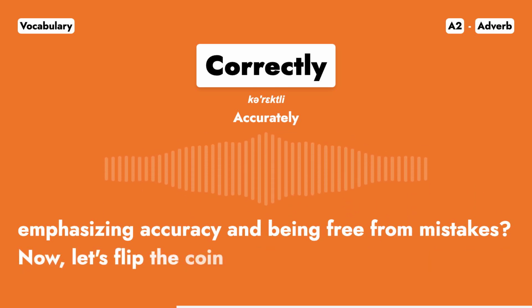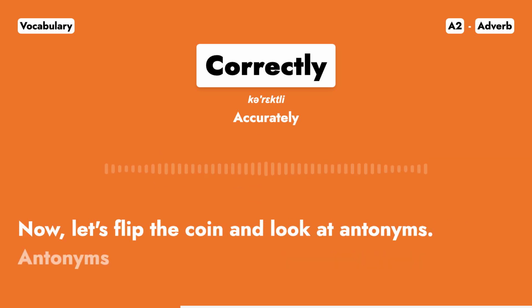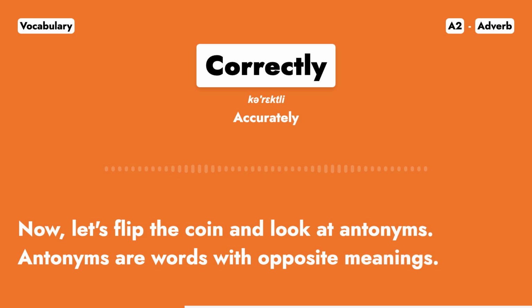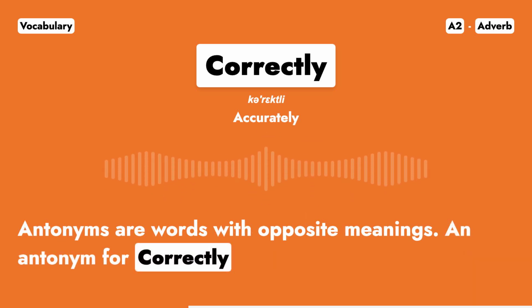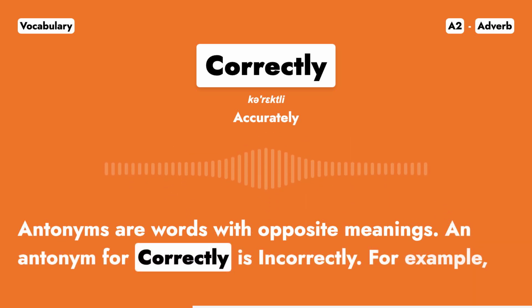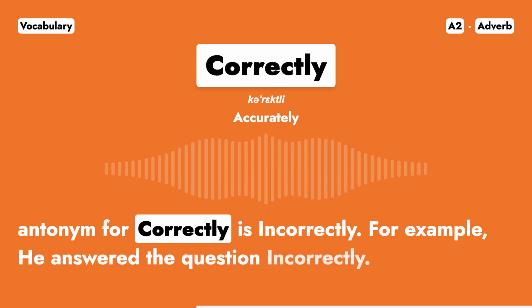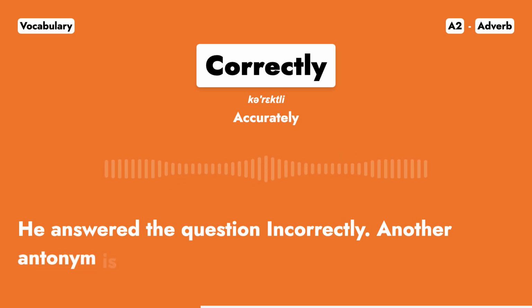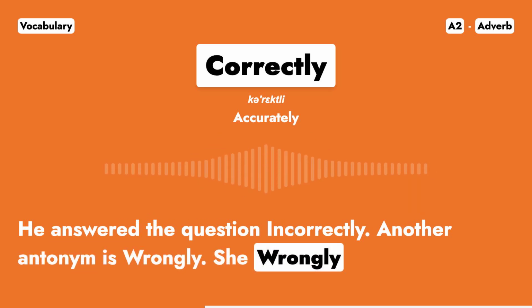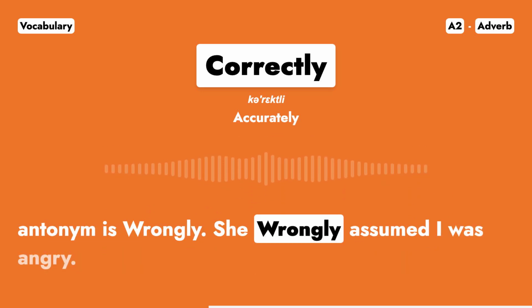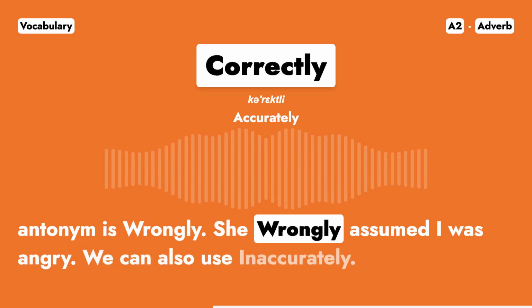Now, let's flip the coin and look at antonyms. Antonyms are words with opposite meanings. An antonym for correctly is incorrectly. For example, he answered the question incorrectly. Another antonym is wrongly. She wrongly assumed I was angry. We can also use inaccurately.